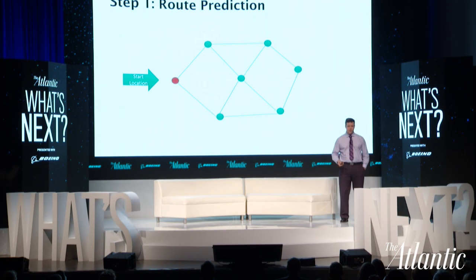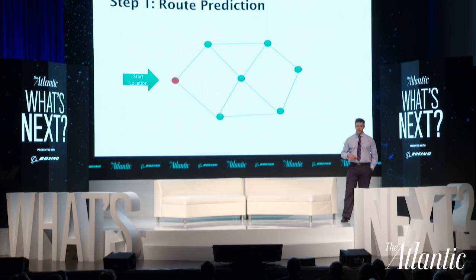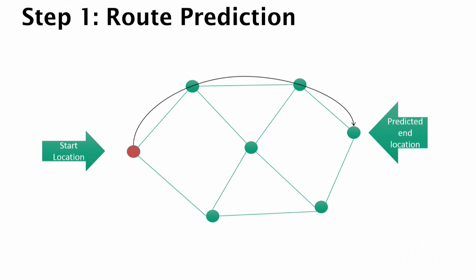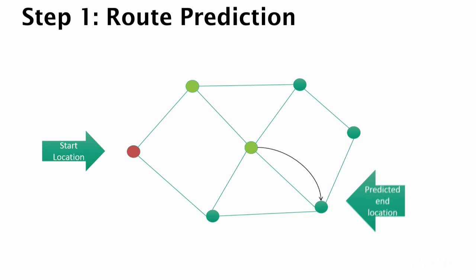It first starts by locating the vehicle on a map and then predicts the next series of intersections that the vehicle is most probably going to take to get to that destination. As the vehicle drives along the route, it checks to ensure that the predicted route is actually what is being driven. If it is wrong, it updates its prediction at the intersection where the driver may have deviated from the prediction.